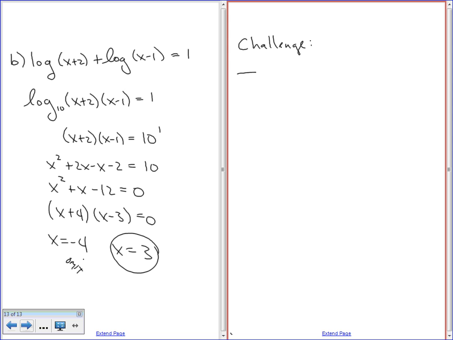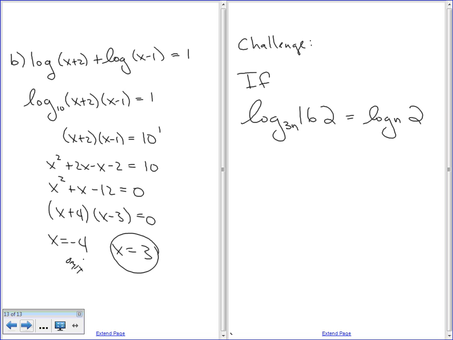If the log of 162 to the base 3n is equal to the log of 2 to the base n, determine the value of n squared. So I'd like you to think about that question. You guys have all the skills in order to solve a question like that. I'm going to start off Wednesday's lesson with the answer to that question.